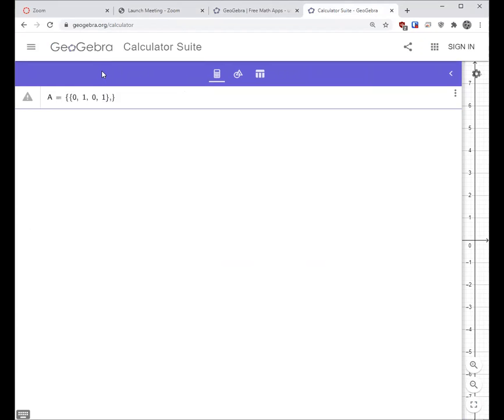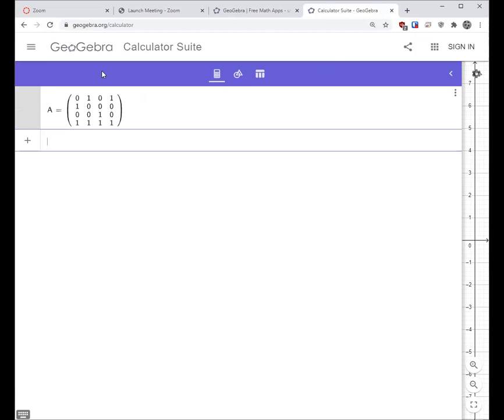That's the first row, comma, and then you do another curly bracket for the next one. And then the third row, and then the fourth row. And hit enter.